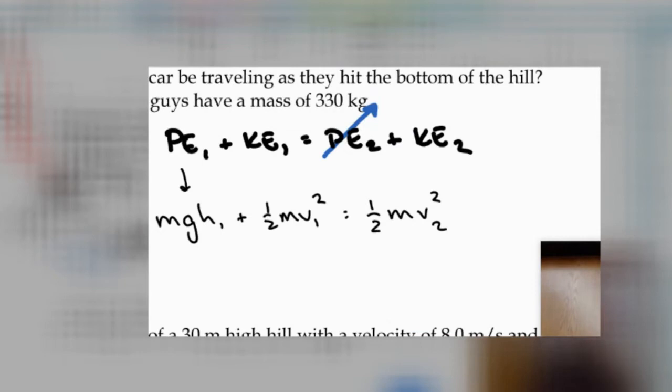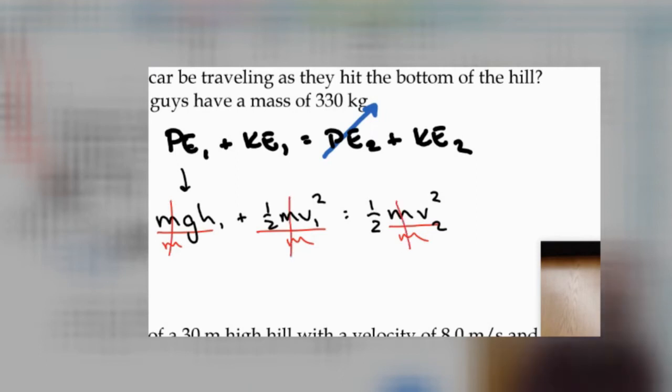Now, many of you notice right away, I can divide through by m. Every term has an m in it. So I can divide through by m. I'm never showing that again. I'm just going to do it.